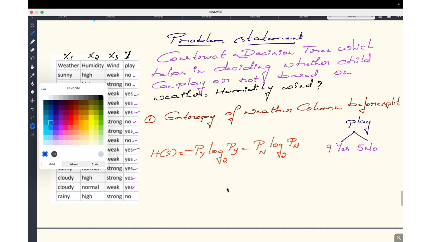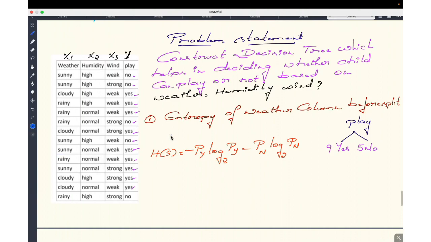If it's a fair coin, 50-50, 1 by 2. So now, according to this, can you tell me what is the probability that the child can play? What is the probability of yes? What is the probability of no? What is the total chance here?